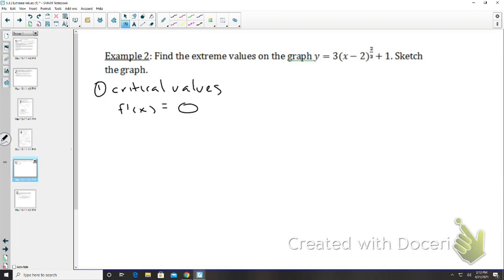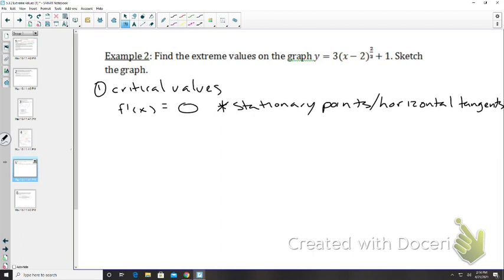And this is for, sorry, I should have been a little bit more clear, that's for stationary points or horizontal tangents. That's when f prime of x is equal to 0.